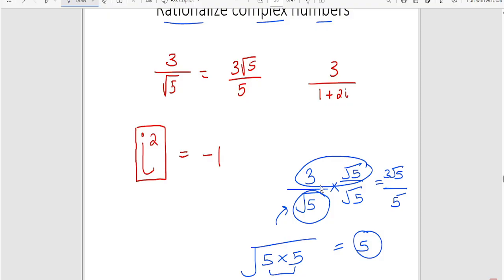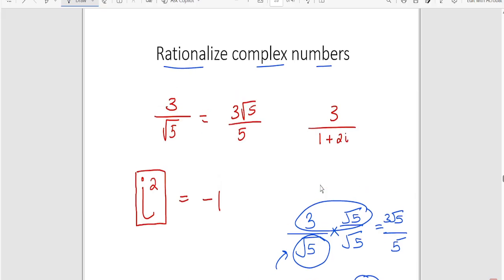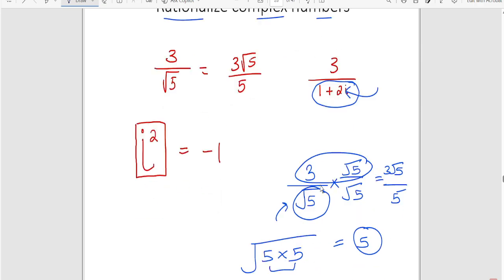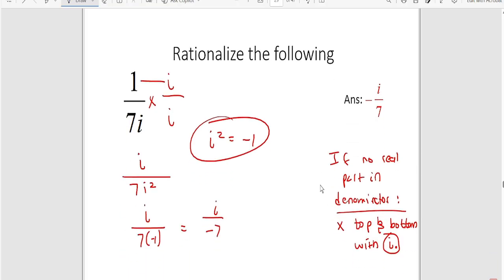Now in the same way, if we have a complex number where in the denominator I have an i term, I need to rationalize it. How do we rationalize? We multiply numerator and denominator by i. Like here, if I have 1 over 7i, I multiply numerator and denominator both by i.